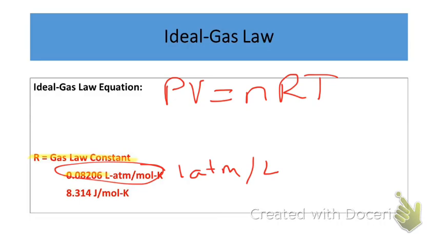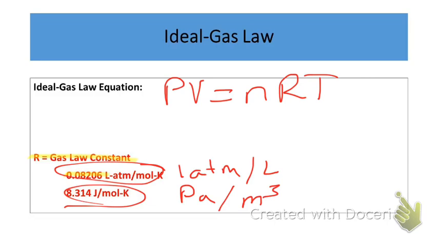But if they give you pressure in pascals and volume in cubic meters, then you need to use the second one. In fact, in order to use the second one, you must have units of pressure in pascals and units of volume in cubic meters. So you may have to do some conversions in order to use the second R value, 8.314.